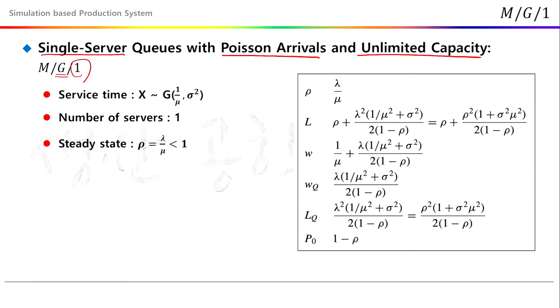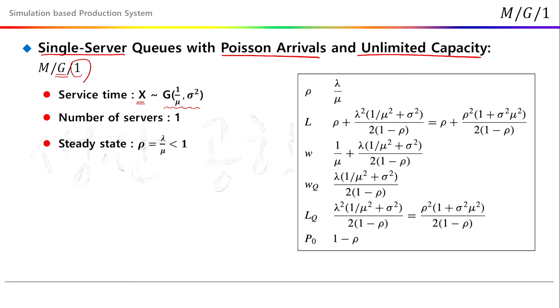It means that the service time follows a general distribution. In this example, the service time X follows any general distribution with a mean value and a variance.